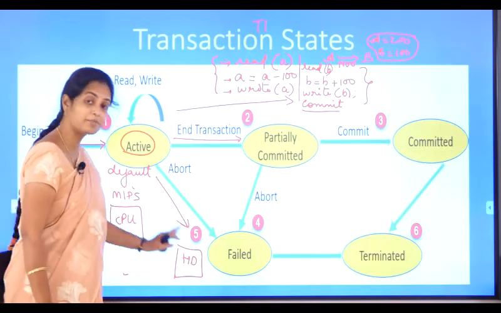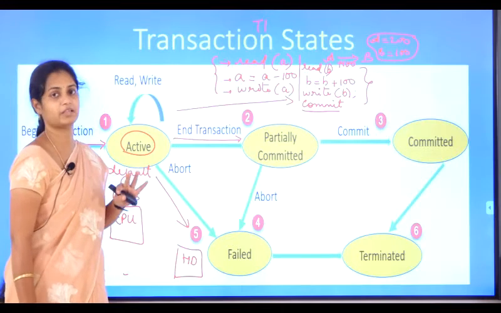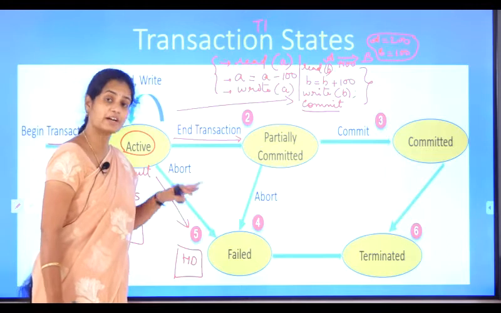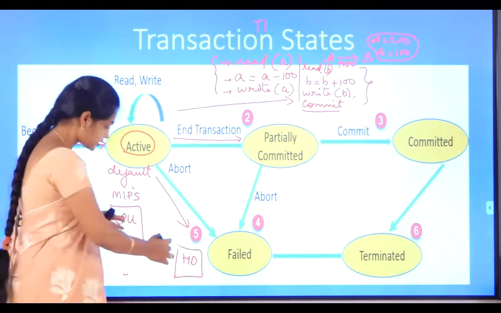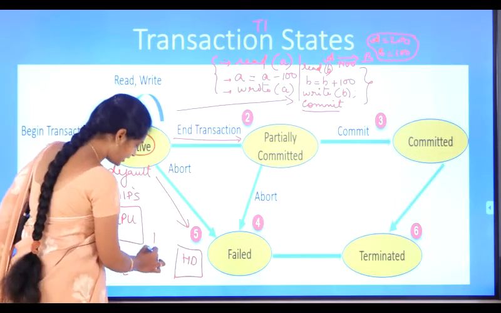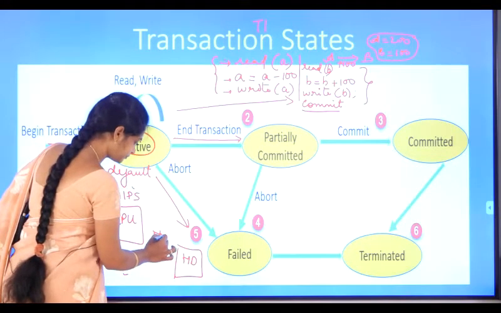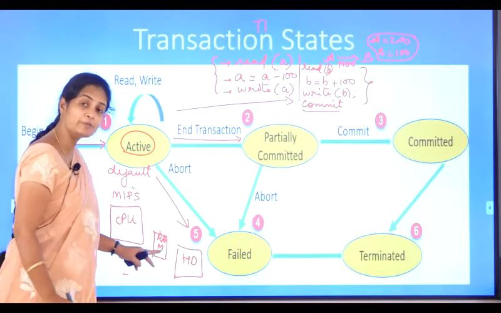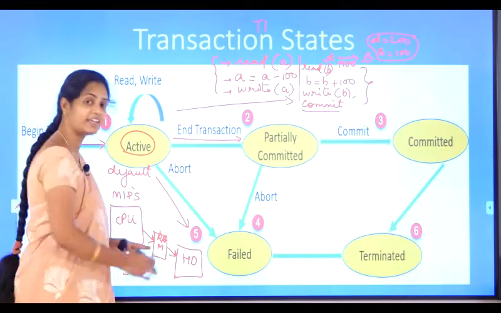But what about the secondary memory? It is always low in speed, and not compatible with the CPU. Then what do we have to do? In between the secondary memory and the CPU, we have RAM. RAM provides the compatibility between the CPU and the hard disk.